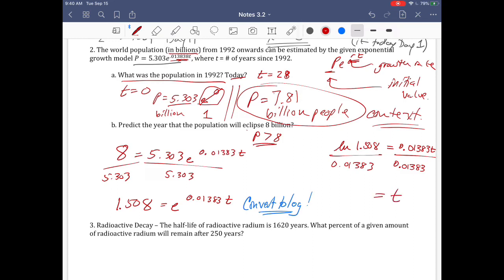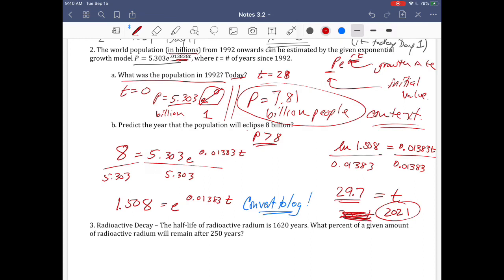And I'm going to trust that you can put this into your calculator properly to get 29.7. Again, we're talking about years, so we're going to go up to 30. And so it would be the year 2021 that, actually, no, I had that right.